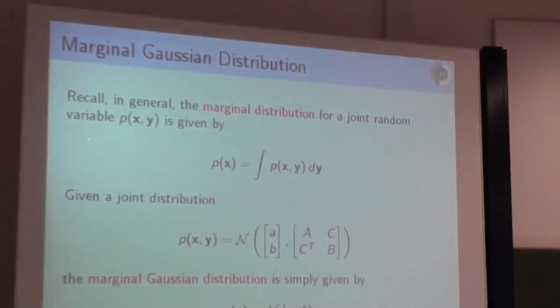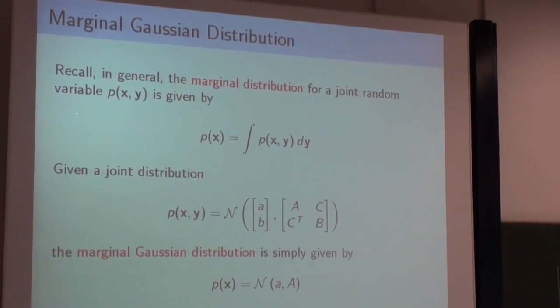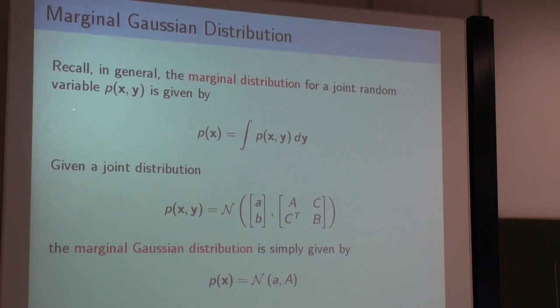Okay, then the next thing is marginalization. We didn't have this in the math lecture last semester, but we had it in AI. So those who attended AI know what marginalization means. We did this with discrete variables.